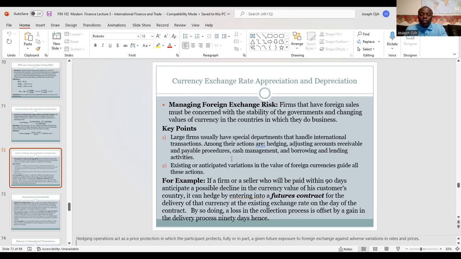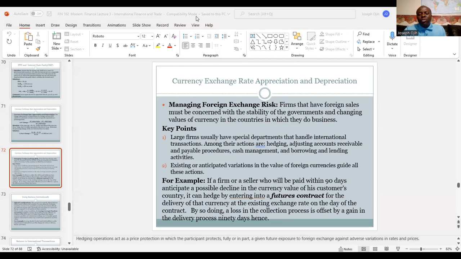The futures contract is for delivery of that currency at the existing exchange rate on the day of the contract, so that a loss in the collection process is offset by a gain in the delivery process 90 days from the day the contract was purchased.